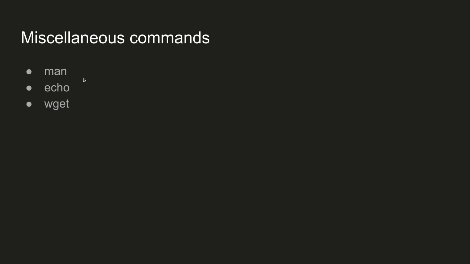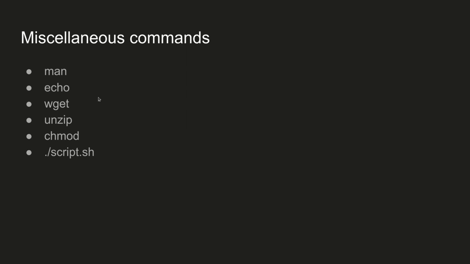wget, which just gets a URL into a file on your computer. Unzip, which can take a zip archive and decompress it into your file system. Chmod, which can add the executable permission to scripts that you want to run.